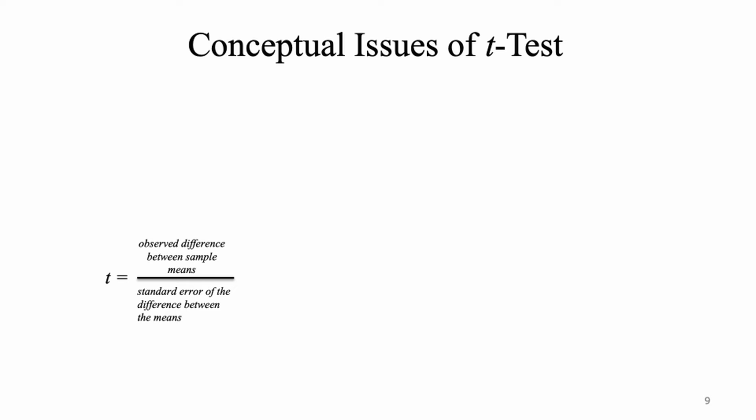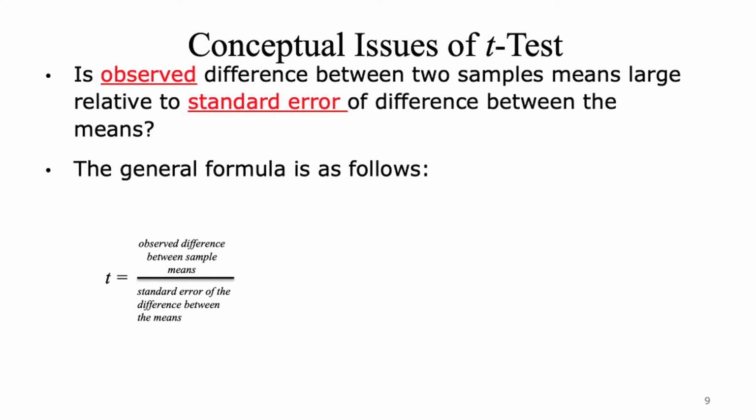All right, conceptual issues. Basically, is the observed difference between the two samples large relative to the standard error of the difference between the means? The general formula, and this will become more clear as we walk through it, so be patient, is as follows. We will calculate a T score, a T value for a t-test. They all mean the same thing.